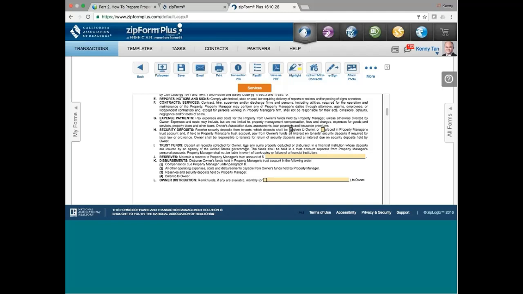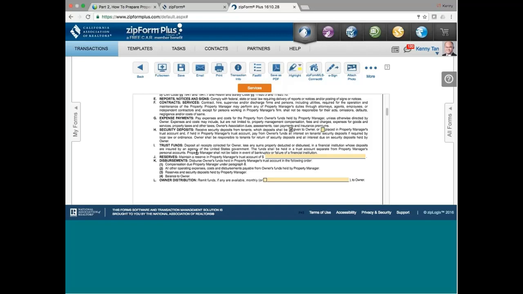So I don't want to put a third party's trust fund into my account, especially when I am in charge of the tenant's trust fund. I don't like to be in charge of tenant's trust fund. I'd rather be in charge of the landlord's trust fund, right? That's why I don't like to handle this security deposit in our trust funds. Okay. Other types of trust funds, standard, basically we leave them in the trust account.